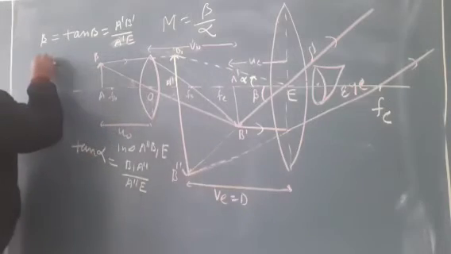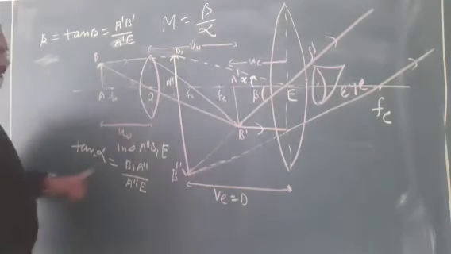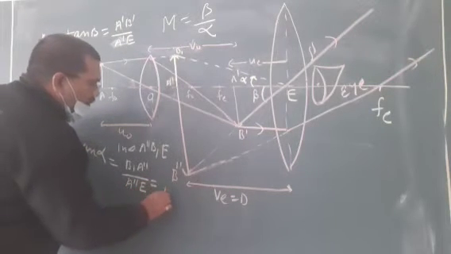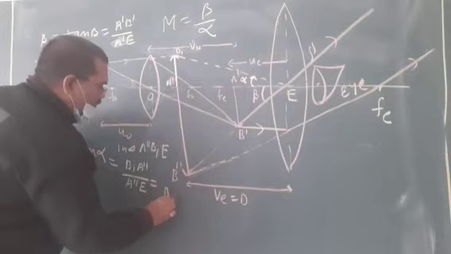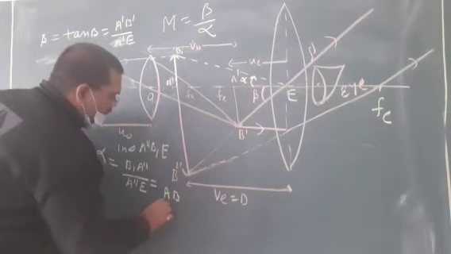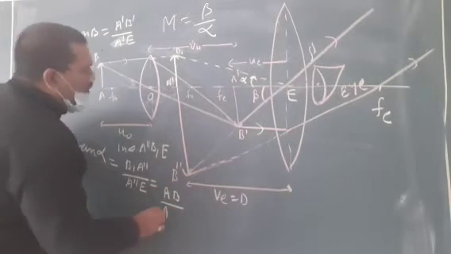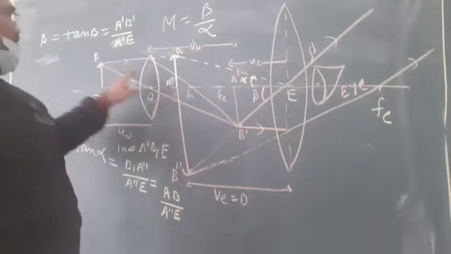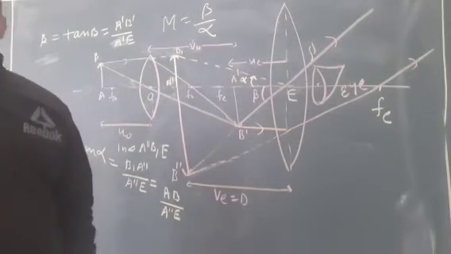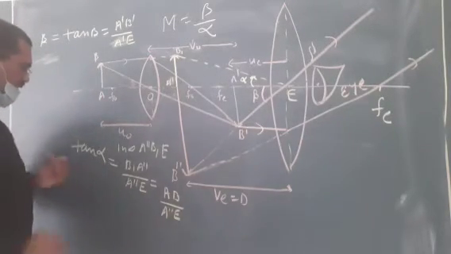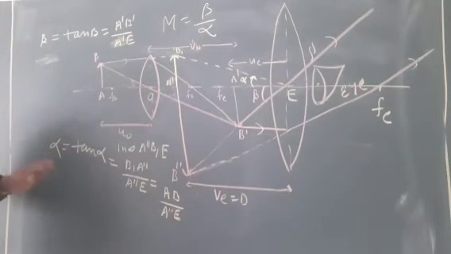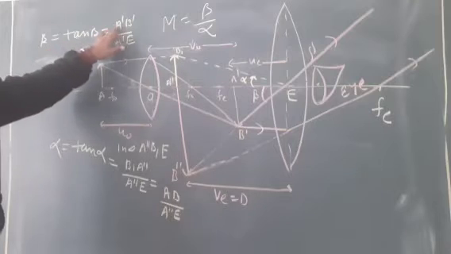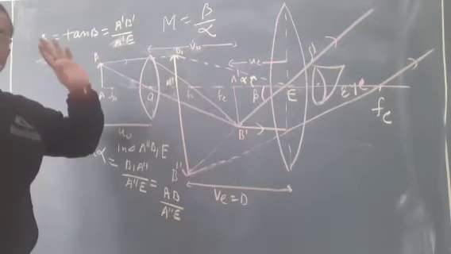Similarly, tan alpha equal to B1 A double dash upon A double dash E, and since B1 A double dash equal to AB, alpha will be AB upon A double dash E. Beta equal to A dash B dash upon A dash E.